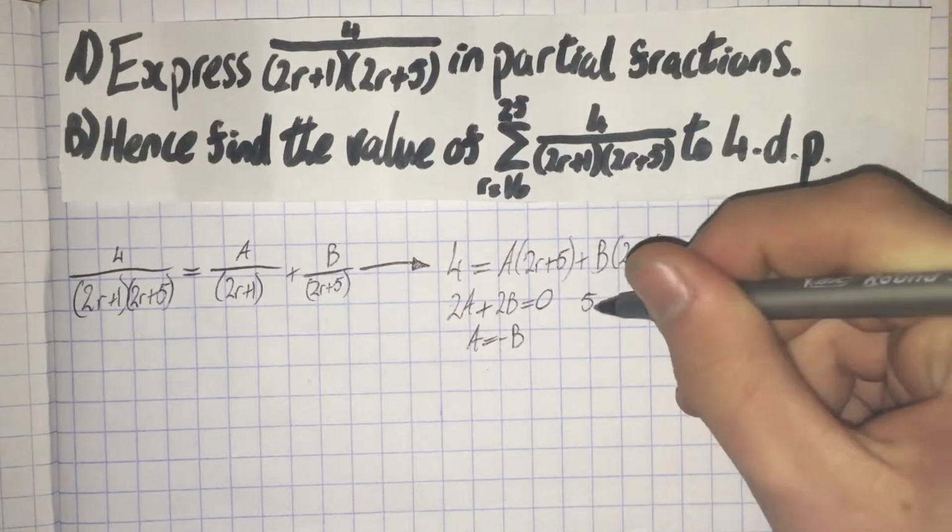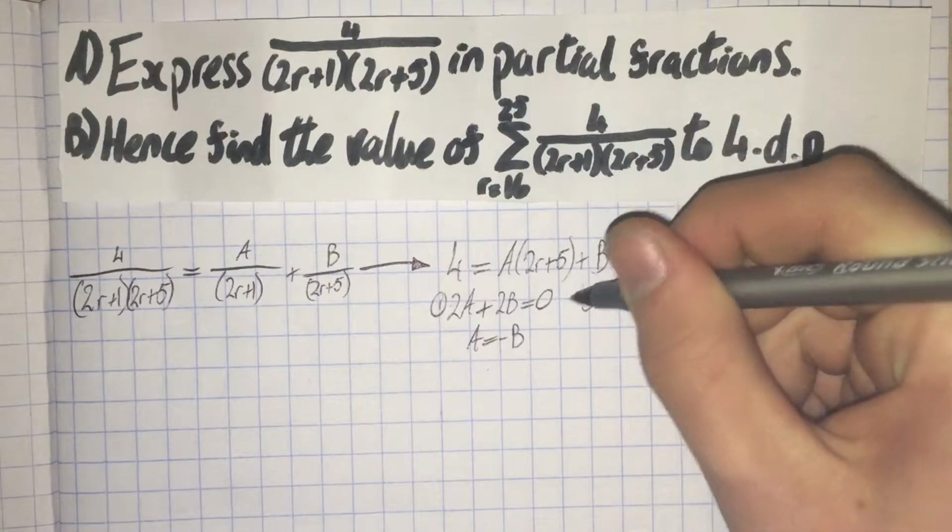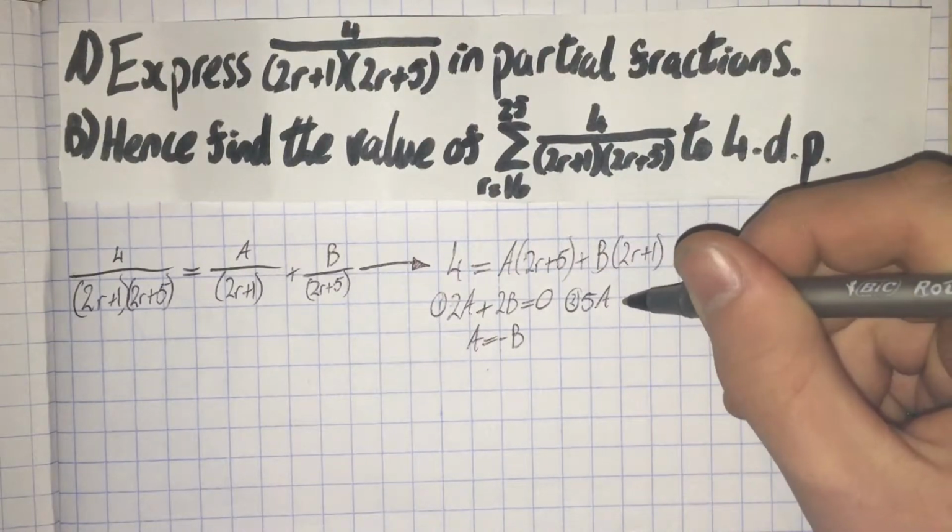So that's 5a plus b equals 4, so this is equation 1 and equation 2.